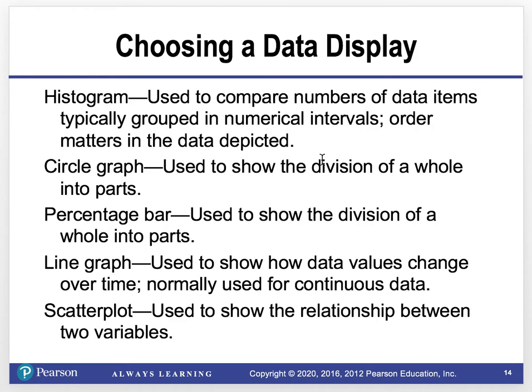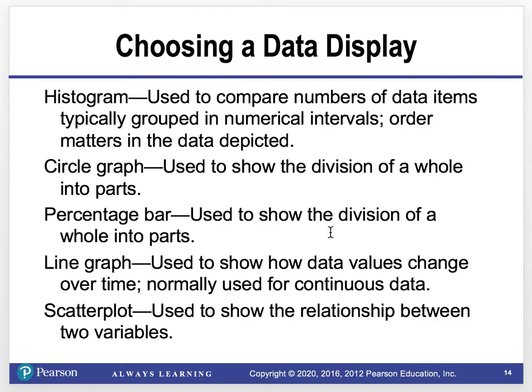Then there's the histogram, which is used to compare numbers of data items, typically grouped in intervals, and the order matters, and the bars have to touch. A circle graph is used to show the division of a whole into parts. So when you're comparing parts to the whole, you want to think about a circle graph.